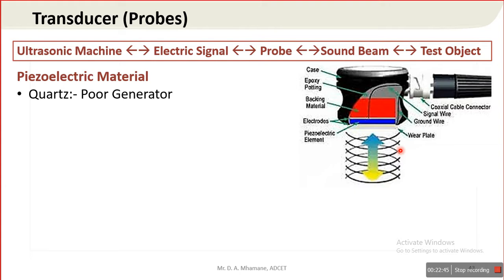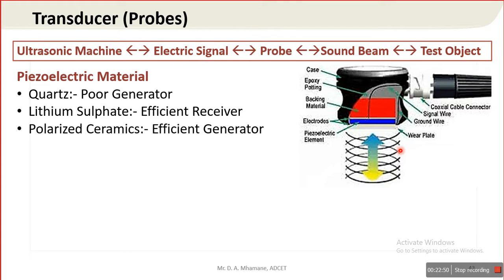If you see the different types of piezoelectric materials, here we are considering three types of different piezoelectric material. If you consider quartz, it is a poor generator. If you consider lithium sulfate, it is considered an efficient receiver in the ultrasonic testing method.